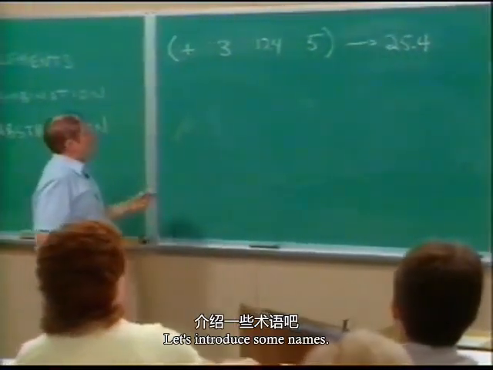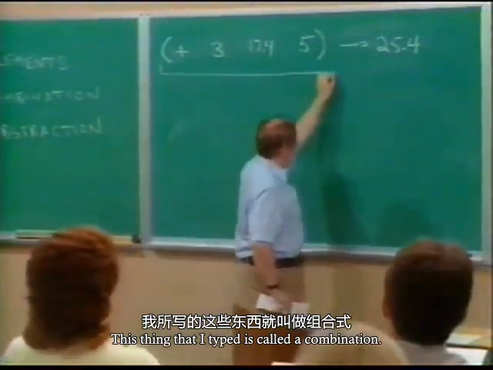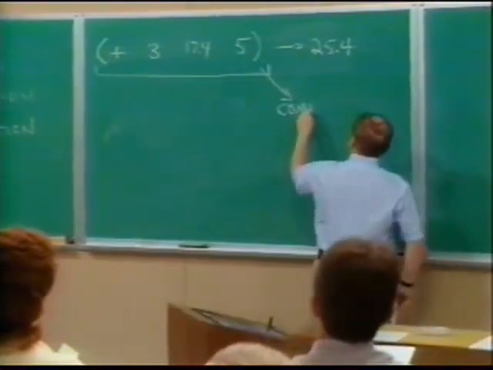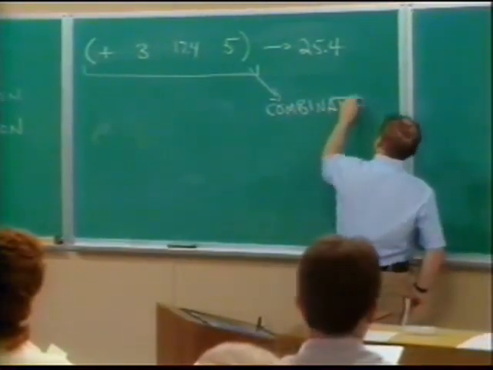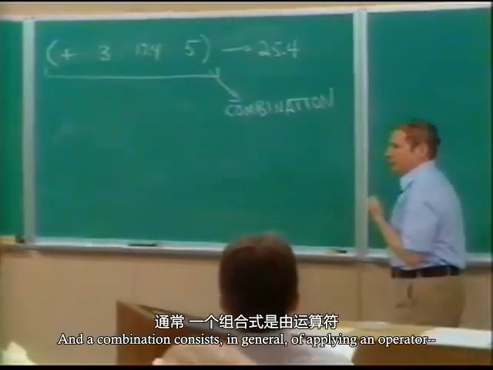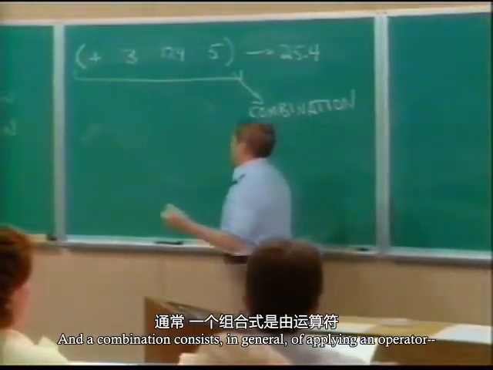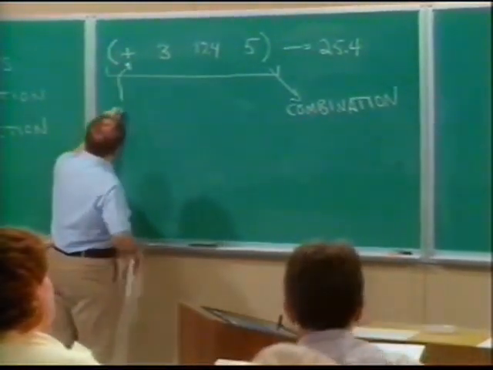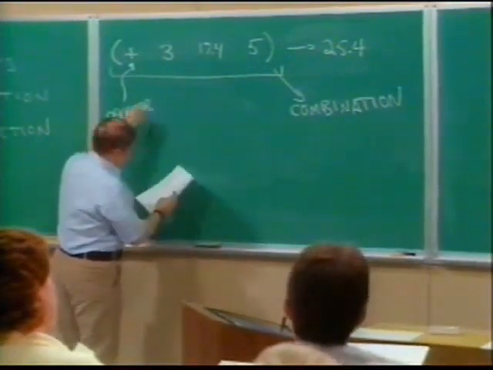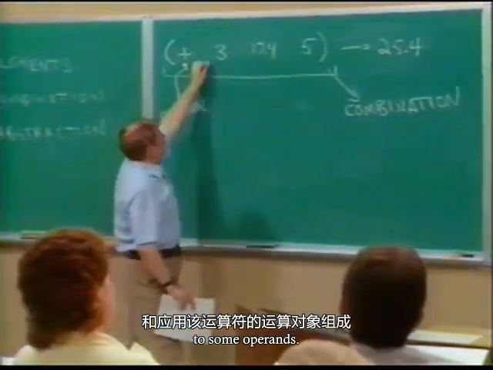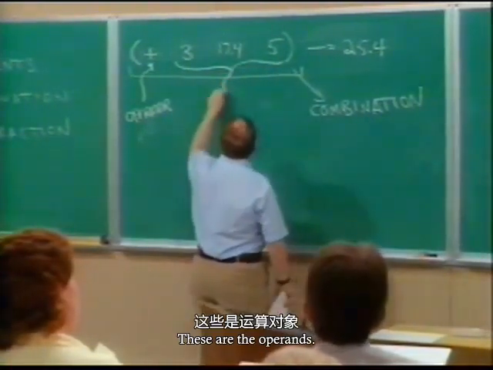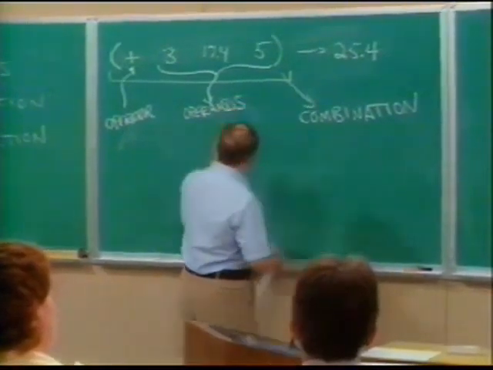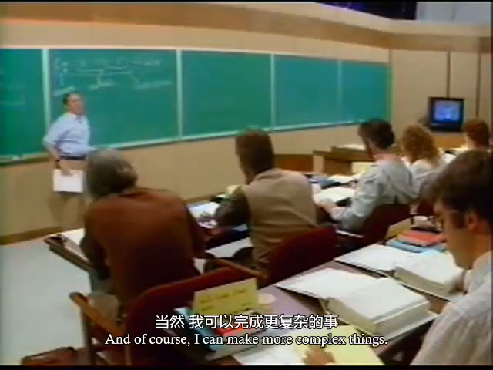Let's introduce some names. This thing that I typed is called a combination. A combination consists in general of applying an operator, so this is an operator, to some operands. These are the operands. And of course, I can make more complex things.